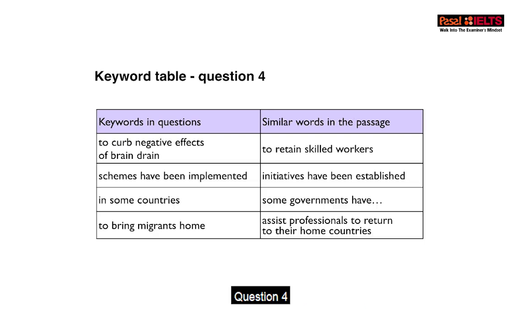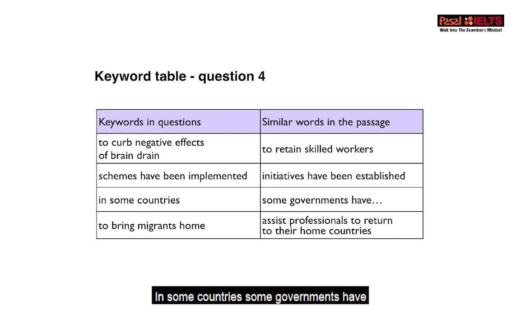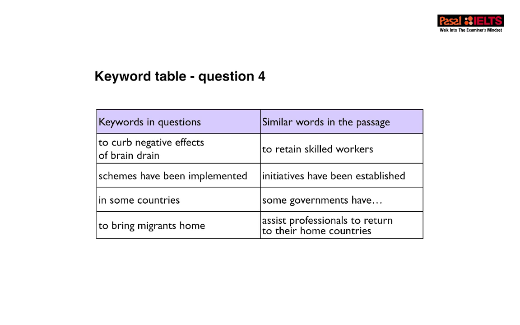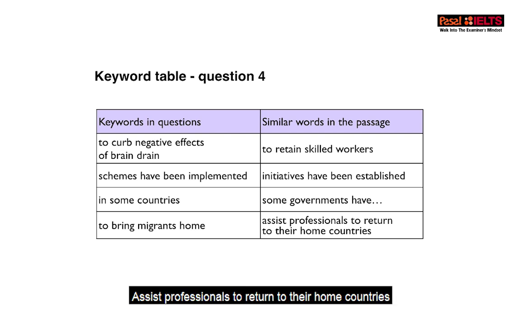And question 4. To curb negative effects of brain drain, to retain skilled workers. So not losing skilled workers is reducing the negative effects. Schemes have been implemented, initiatives have been established. In some countries, some governments have, to bring migrants home, assist professionals to return to their home countries.